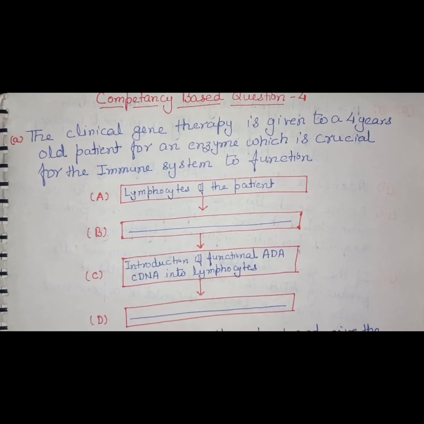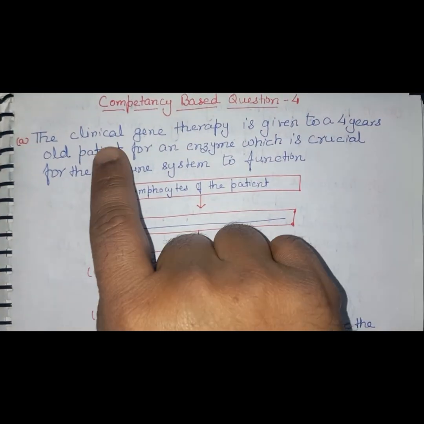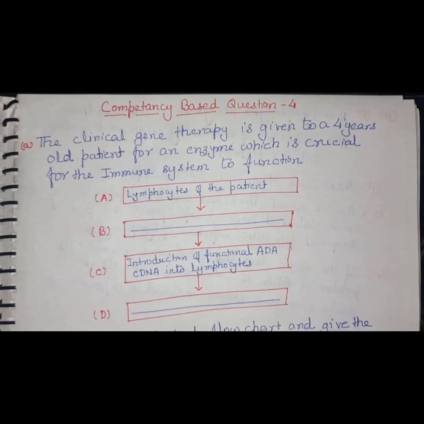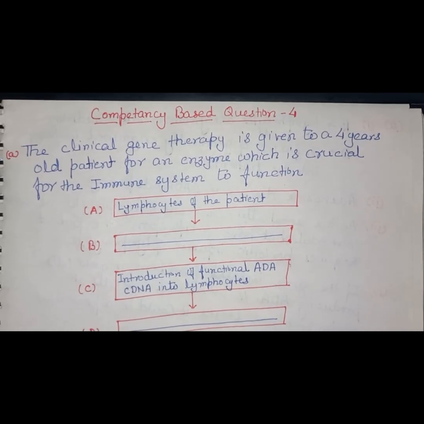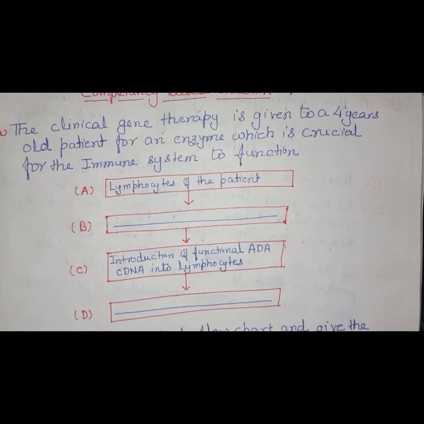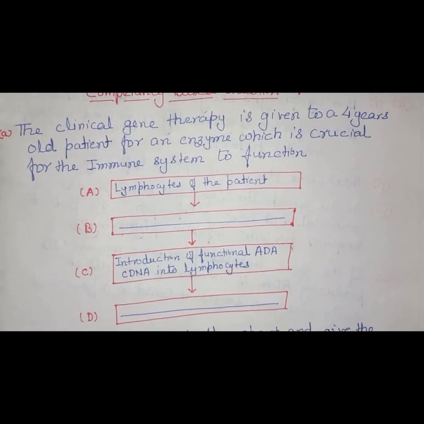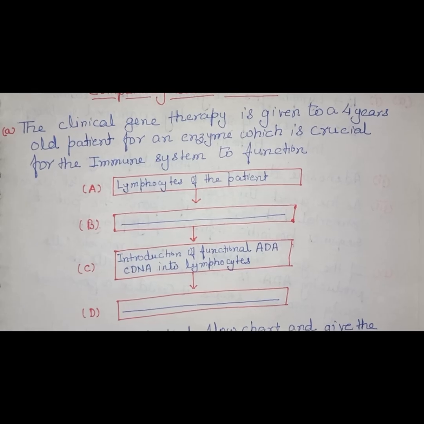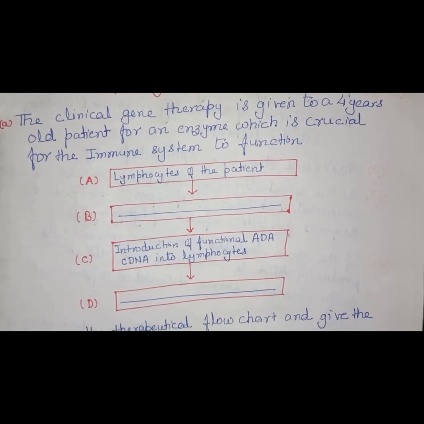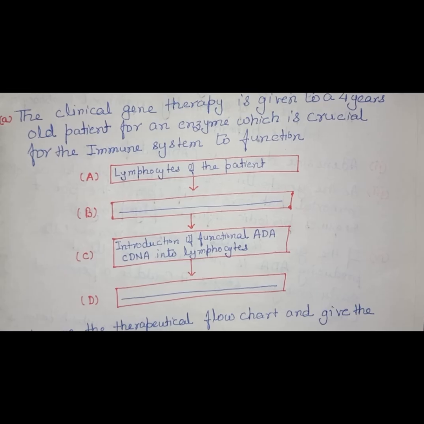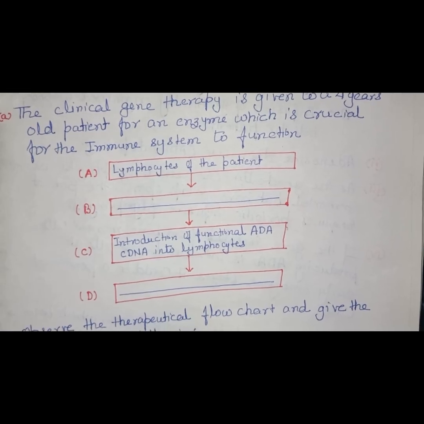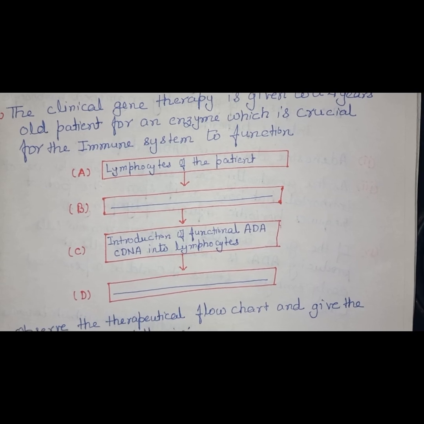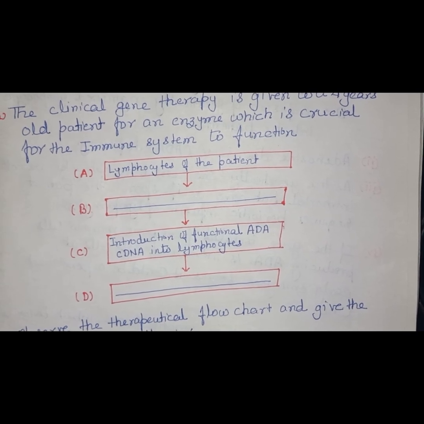This question says that clinical gene therapy is given to a 4 year old patient for an enzyme which is crucial for the immune system to function. Now here the flow chart is given, which consists of A, B, C and D. In part A, lymphocyte of the patient is present.